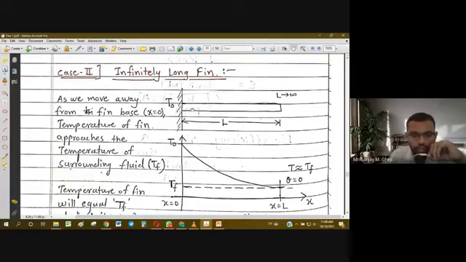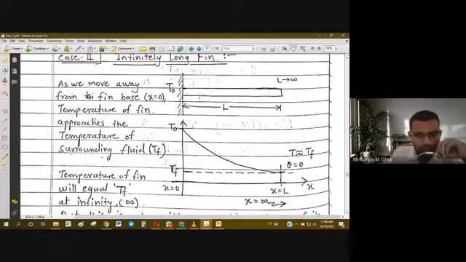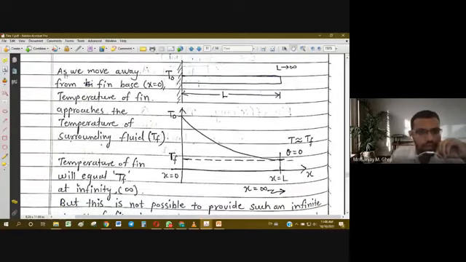Let us say this length is very long as compared to the base dimensions. The base dimensions are, let us say, 2 meter to 5 meter, and the length of the fin is like 10 meter. So as compared to the base dimensions, the length is very large, so it becomes a case of an infinitely long fin.